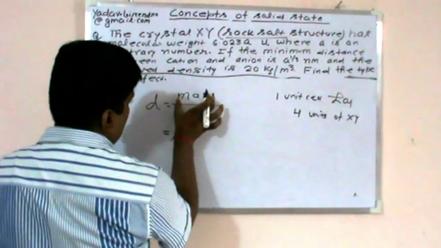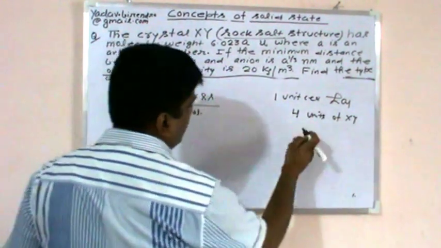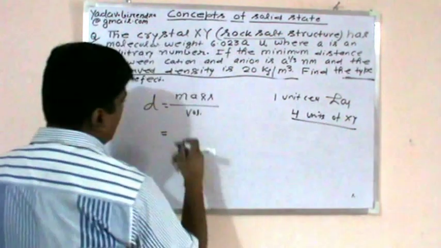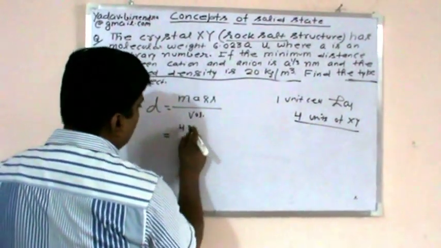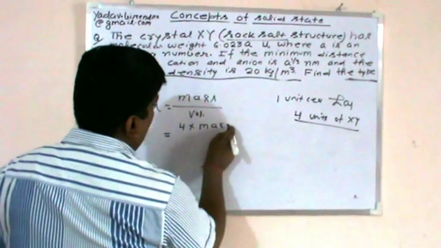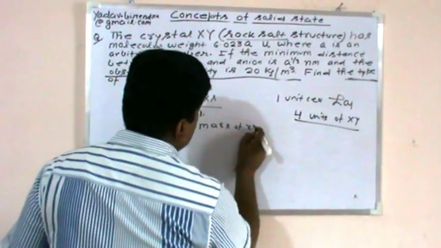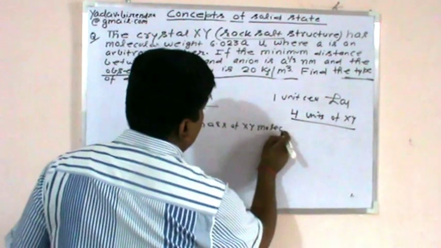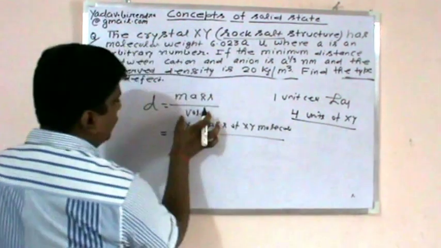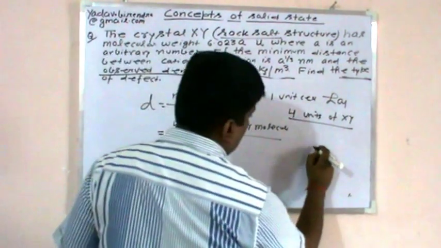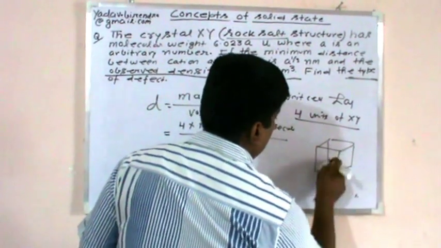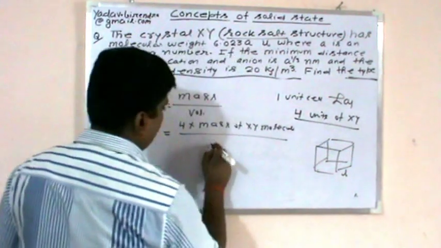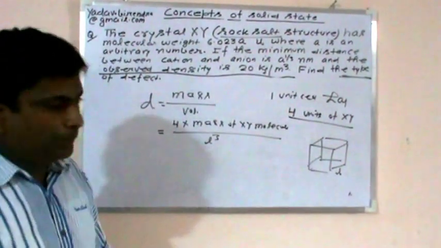Now how will you find the mass of the unit cell? Since one unit cell has 4 XY molecules, the mass of one unit cell will be 4 into the mass of an XY molecule, upon the volume of the unit cell. Let the length of the unit cell be L, then volume will be L cube.